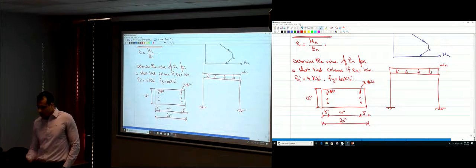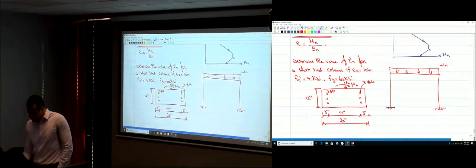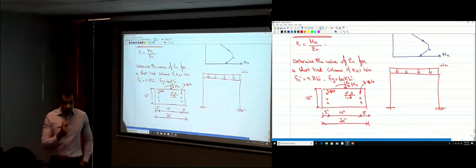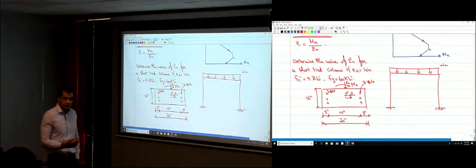If I have a column like this, you have an Mn and Pn, and the eccentricity is 10 inches. How much is Pn, the maximum Pn that can be supported by that column if the eccentricity is 10 inches?